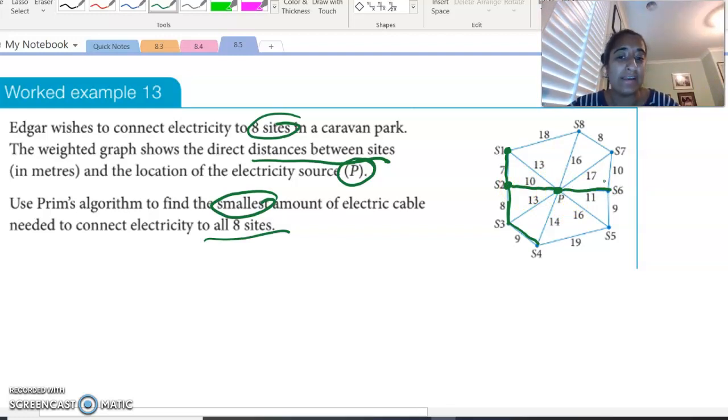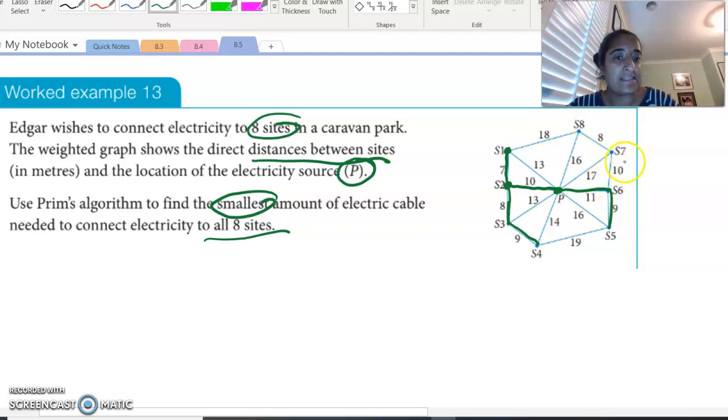It's a little bit of trial and error as well. But once we've chosen the 11, we can basically start to connect upwards. How do I get to S5? Is it easier to go via 19, 16, or 9? Well, 9 is the shortest, so I'm going to connect it that way. And then here, is it easier for me to get from P to S8 via 16 or 18, or can I go another way?